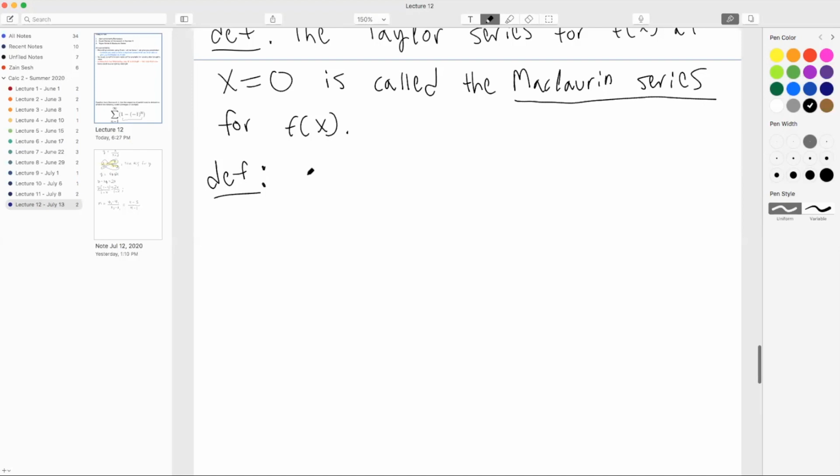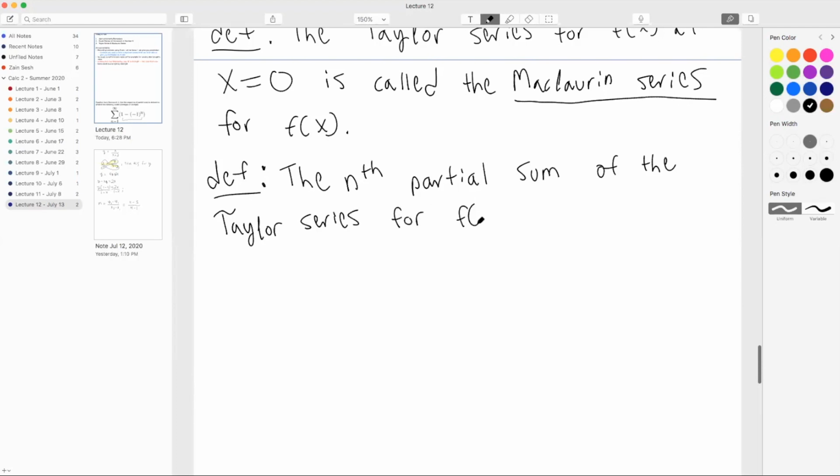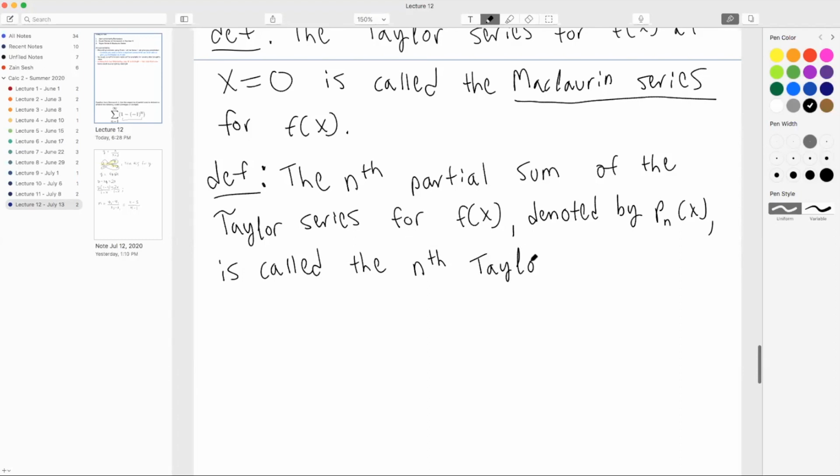So the nth partial sum of the Taylor series for f of x, which is usually denoted by p sub n of x, is called the nth Taylor polynomial for f of x.